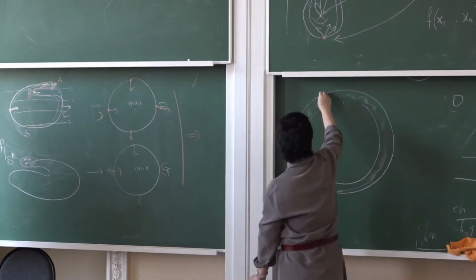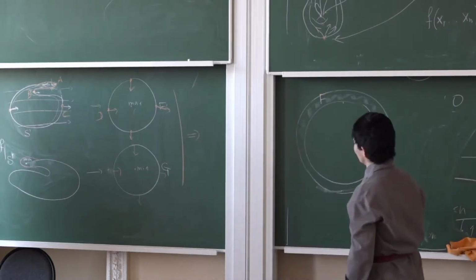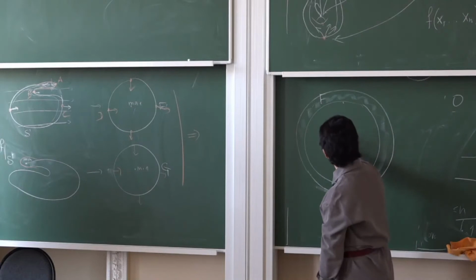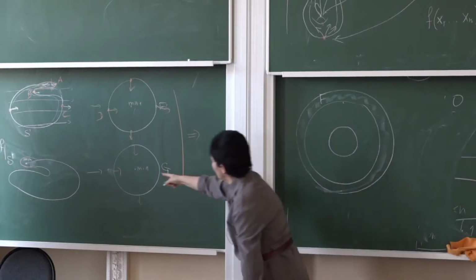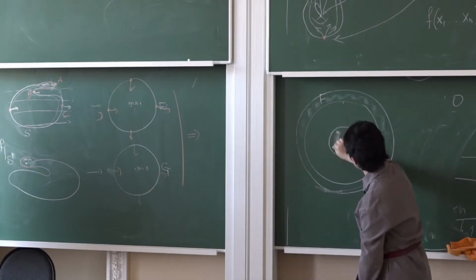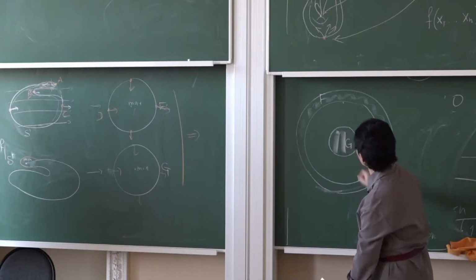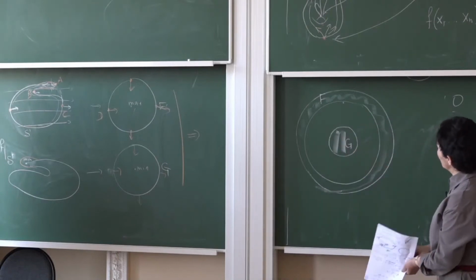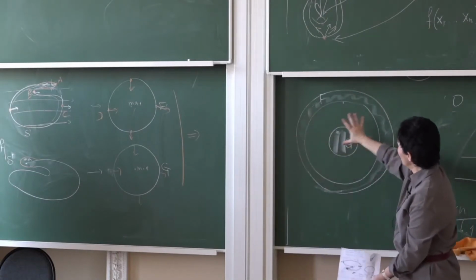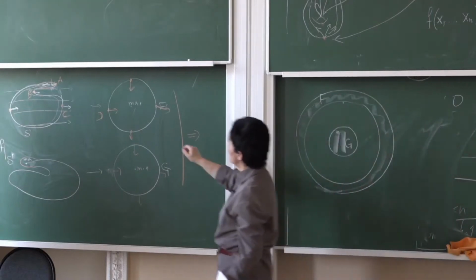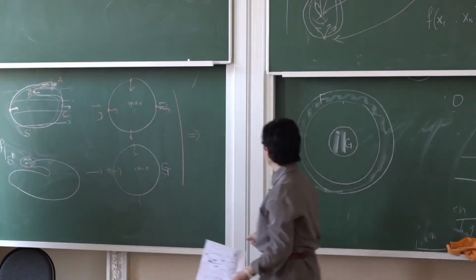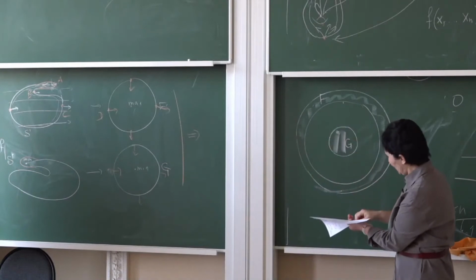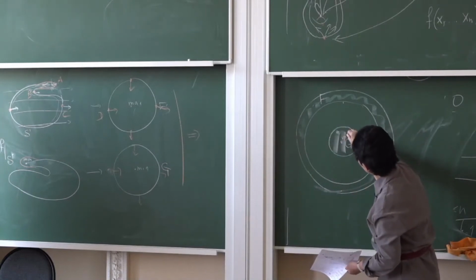F. So this is the function f. It is here. Now this is the second circle, and here we have the function g. And now, the function f can be extended in such a way that there is a maximum in the center. The function g has a minimum in the center.